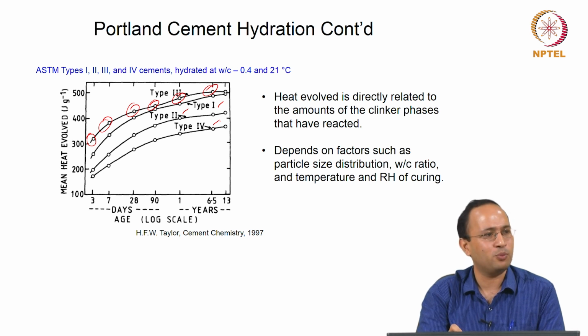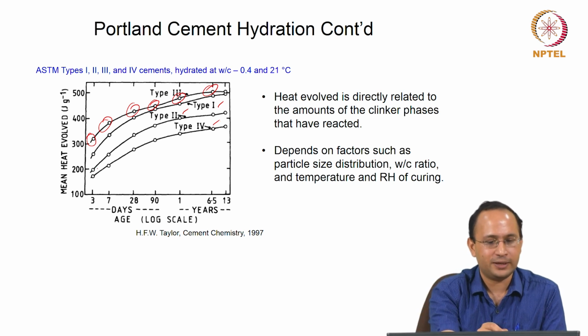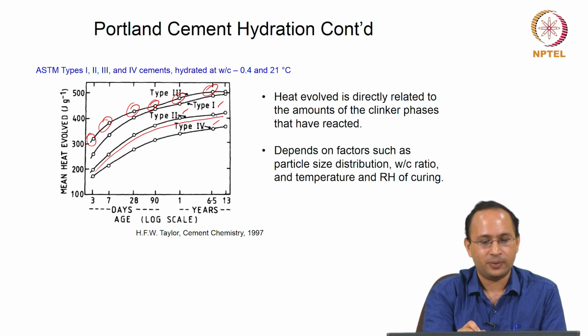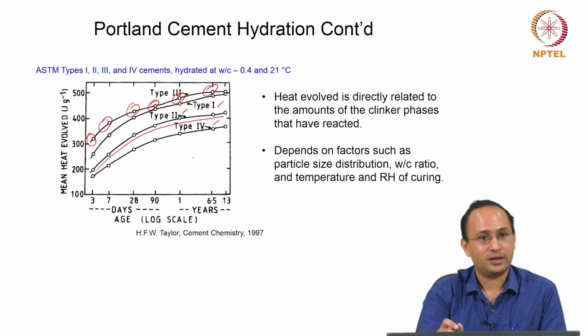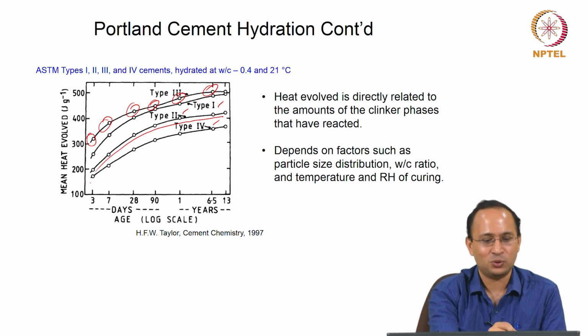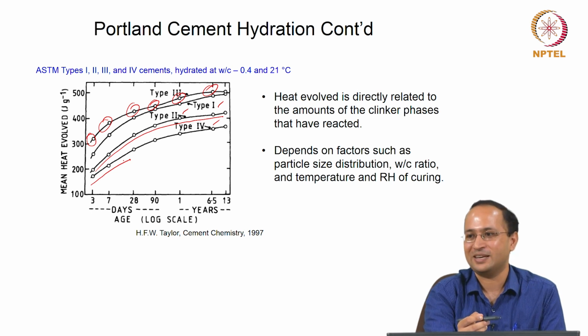So, it has a little bit more C2S, less C3A. So, you see that this is the trend. Type 4 is low heat cement, right. So, it has more C2S, right. So, the heat is also low, because the reaction is slow, because you have more C2S in the system, right.